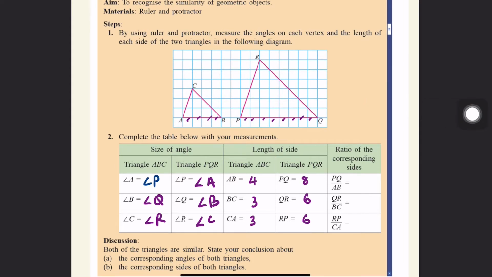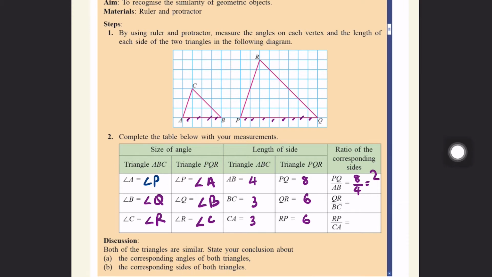Next, you need to calculate the ratio for the corresponding sides. For example, over here we have PQ over AB. PQ is 8, AB is 4, so simplifying, 8 over 4 is 2.